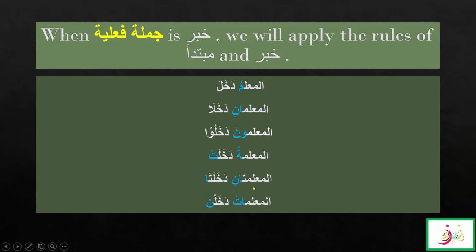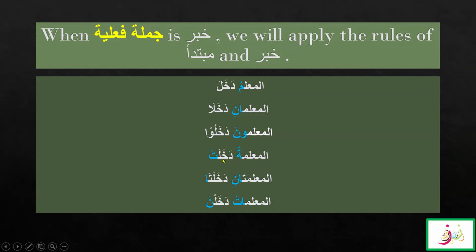And here this right column is all our mubtada, which is starting with the ism, and these are all our khabar, which is our jumla fi'liya. You can see dakhala, dakhala, dakhalu, dakhalat, dakhalata, dakhalna. Al-muallimatu dakhalat. Here it is the hiya version, so we are using the hiya version here.